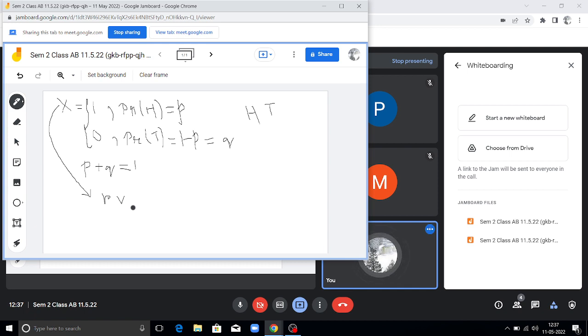That is called a simple variable. But in this case, x will take the value 1 with probability p and the value 0 with probability 1 minus p, or q. That is why x is called a random variable. Are you clear up to this?